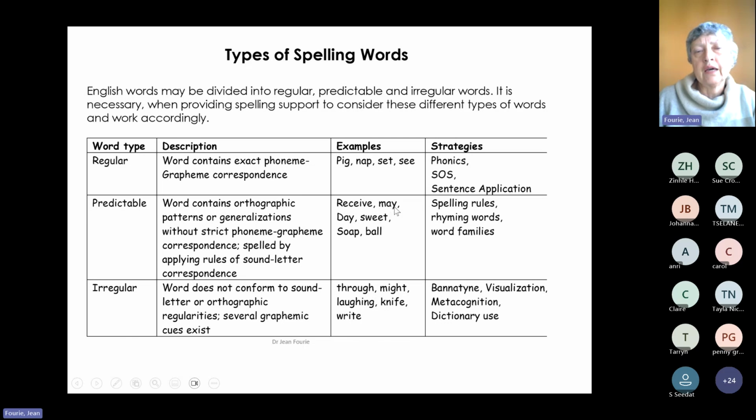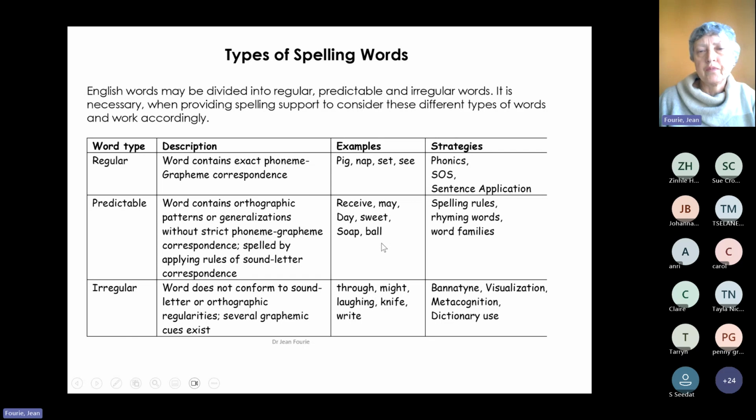So the rule here is if the word is ending in a long vowel, we're using a Y, may, day. And when to use double vowels like an E, sweet, it's a long vowel, so it needs to have a double E. And O, soap, it's also a long vowel, so it's an S-O-A-P. And ball, it's also a long vowel in the middle of the word ball, so it gets a double L on the end.